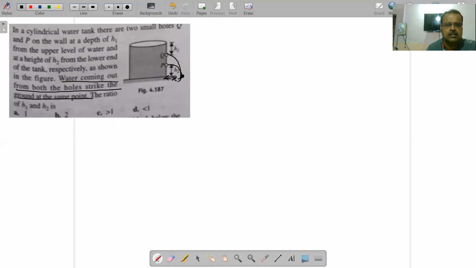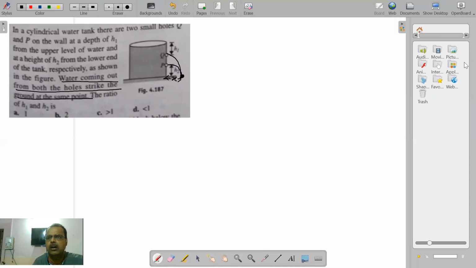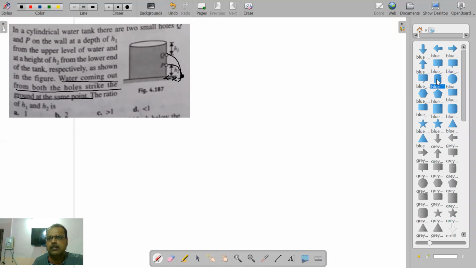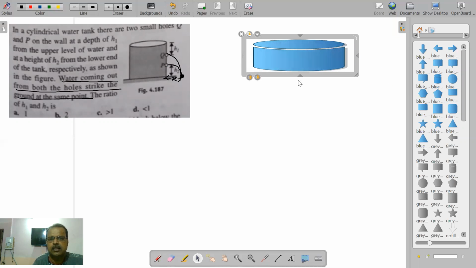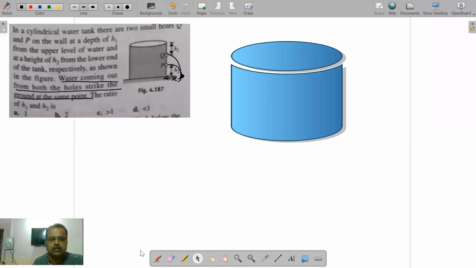Now suppose we draw a cylinder and check how we can solve this type of problem. This is the cylinder, and I'm just drawing the base level of the cylinder.